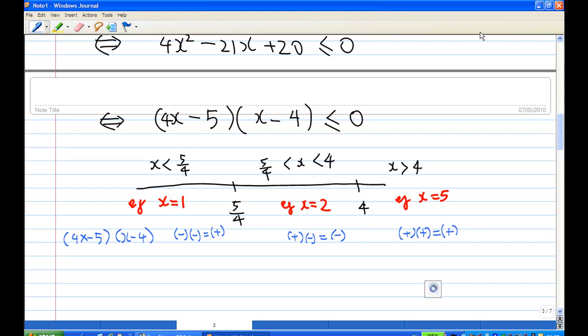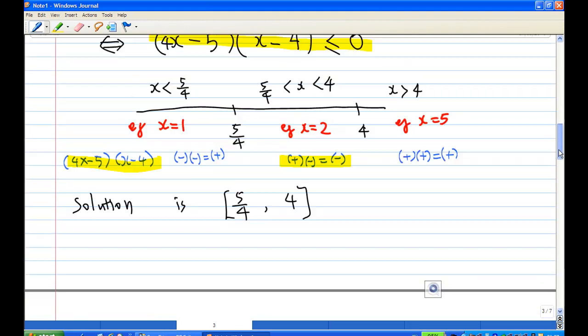And we are looking for 4x minus 5 times x minus 4 less than or equal to 0. So we have this. Therefore, the solution for this inequality is from 5 over 4 to 4, including 4 and 5 over 4, since the product could be equal to 0.